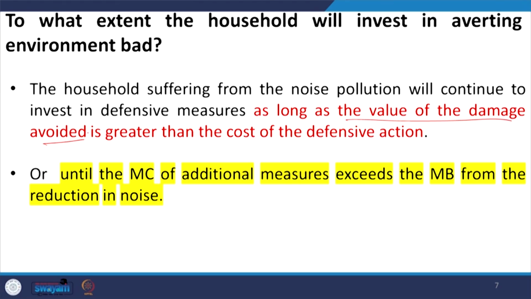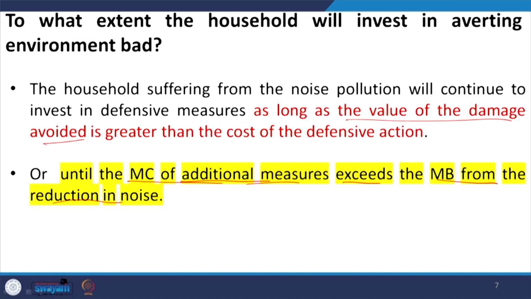So here we are talking about the marginal cost of additional measures, that is, the cost of purchasing one more piece of equipment. If this marginal cost exceeds the marginal benefit in reducing the noise, then the consumer will think about whether to continue with further investment or to stop.